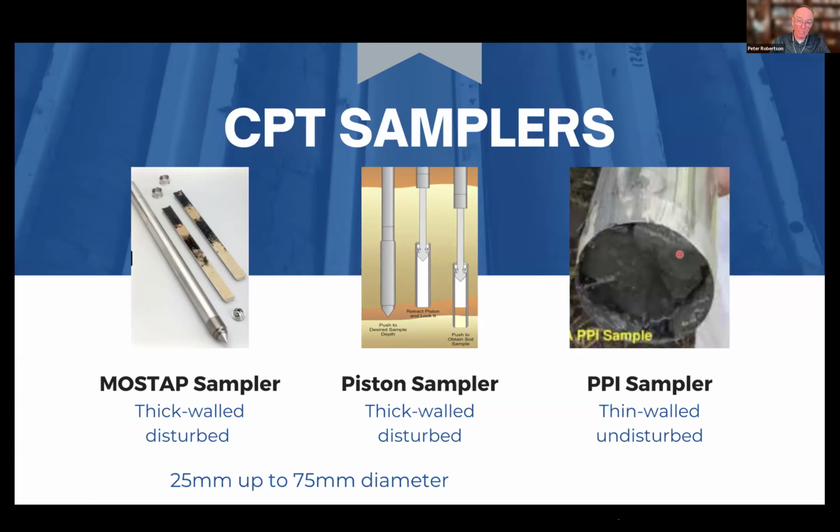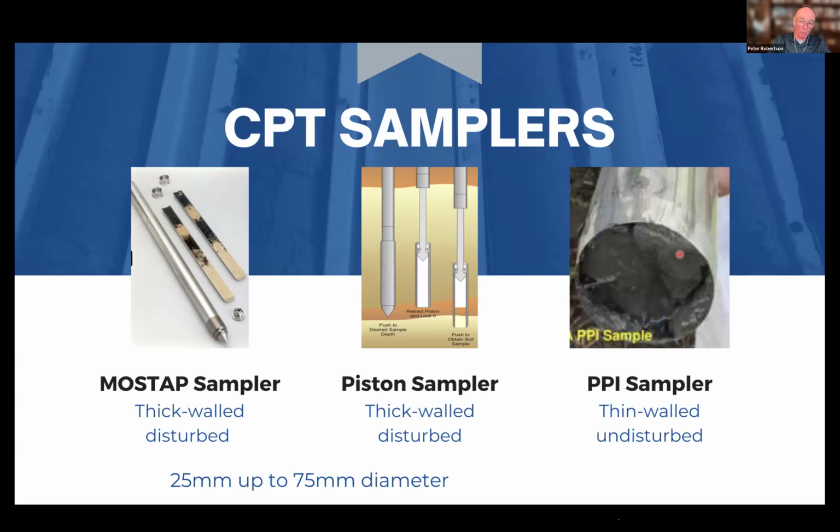So with CPT equipment, you can just push the cone, collect all the data, and you can also get samples as well. But instead of taking samples at standard depth intervals, like every 5 meters or whatever is typical practice, here in North America, it'd be 1.5 meters.